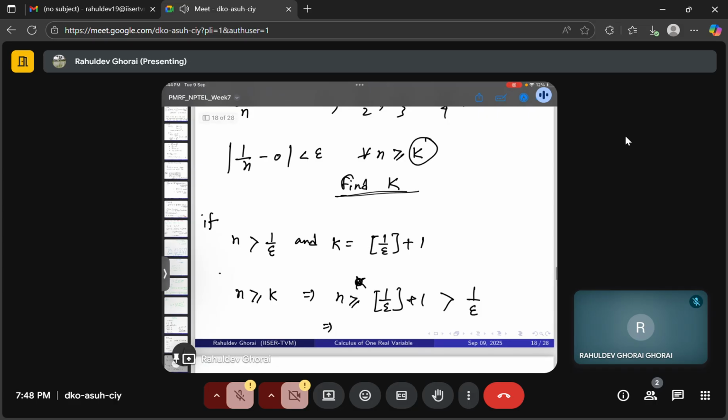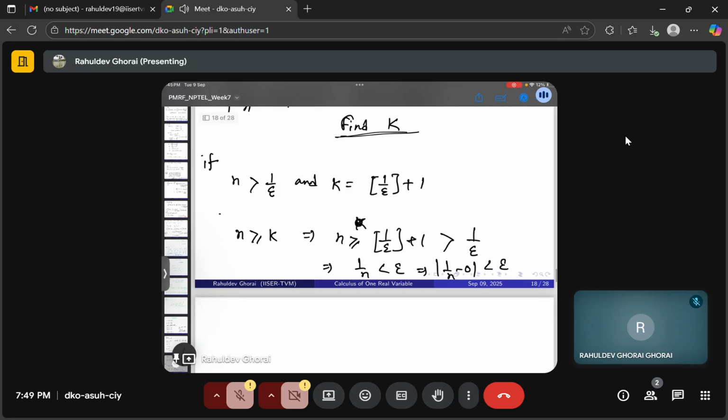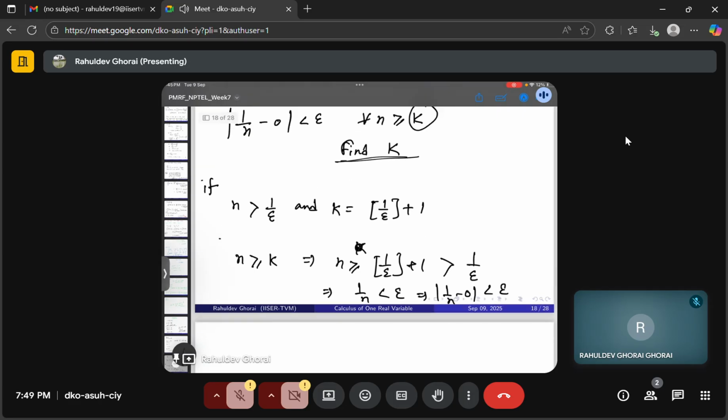That implies 1 by n less than epsilon, and that implies 1 by n minus 0 is less than epsilon. So whenever n is greater than or equal to k, 1 by n minus 0 is less than epsilon.